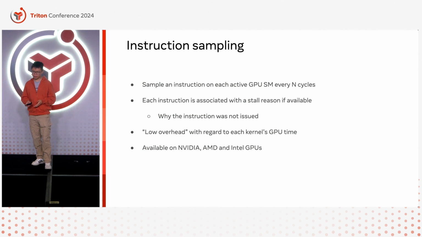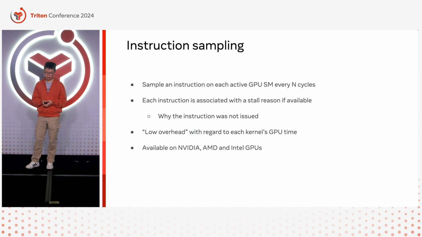So here's how instruction sampling works. It samples an instruction on each active GPU SM every n cycles. Each instruction is going to be associated with a stall reason if available. It's going to tell you why the instruction is not issued, why it's taking a long time. Instruction sampling incurs relatively low overhead with regard to each kernel's GPU time.